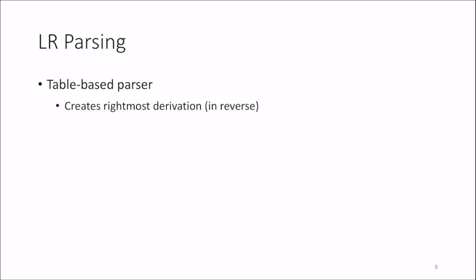They all create a rightmost derivation in reverse, as we saw, going from the string up to the start symbol. One advantage of LR parsing is that they work with either type of recursive context-free grammar. As we'll see later, some other parsing algorithms don't deal that well with left recursive context-free grammars. So this is one advantage of using LR parsers.